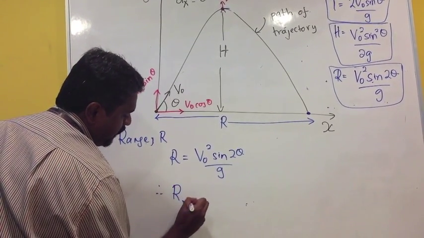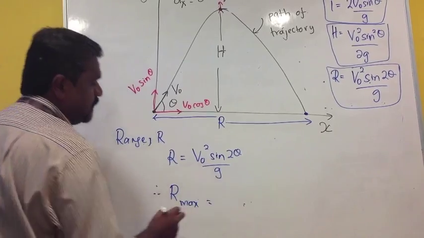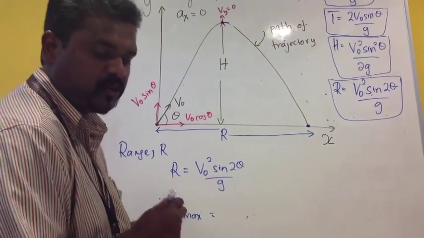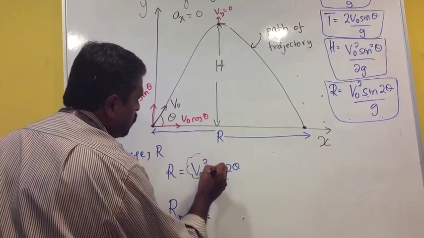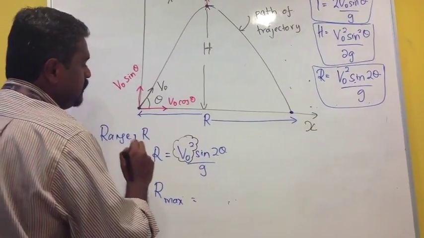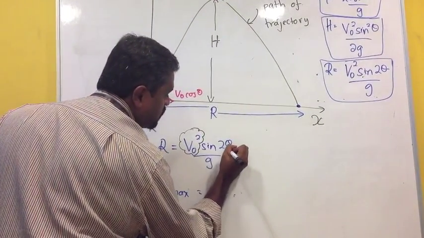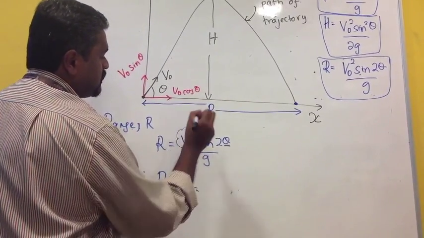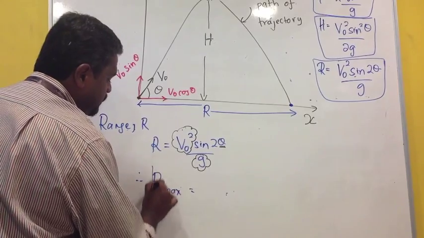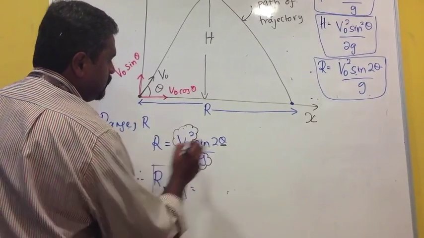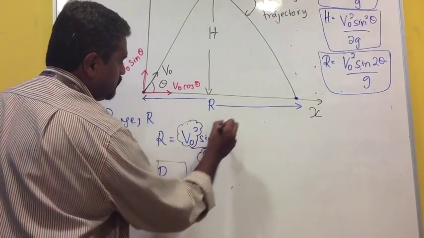If we assume v0 squared to be a constant, that means I don't allow you to change your velocity, I only allow you to change your launching angle, then the only thing that this would depend on is sine 2 theta.